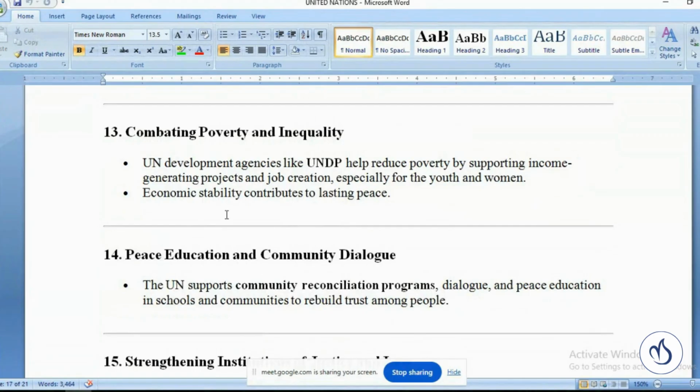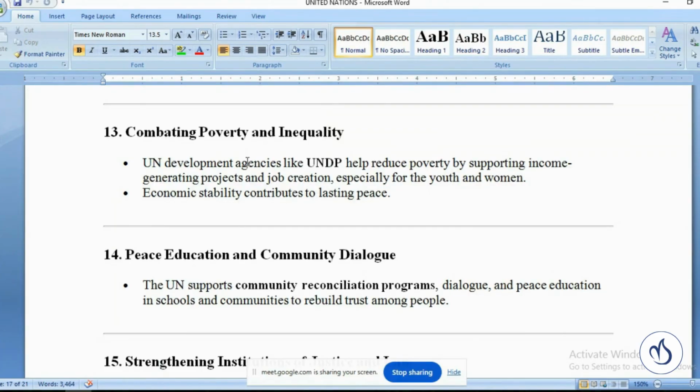Another one, we have combating poverty and inequality. UN development agencies like UNEP help to reduce poverty by supporting income generating projects and job creation, especially for the youth and the women. I told you the way of reducing poverty is by creating jobs.